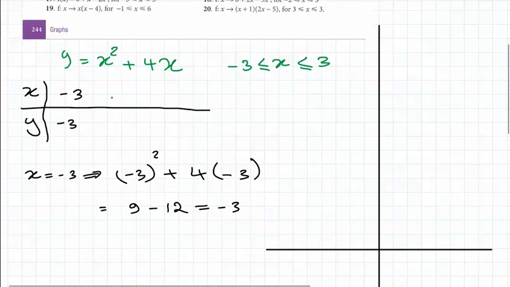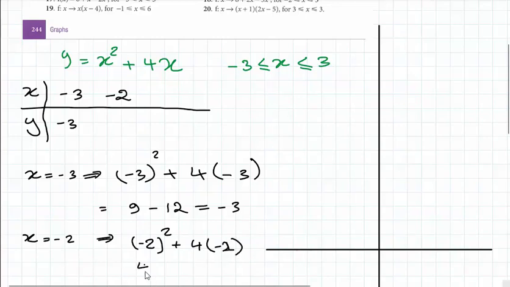If we put -2, when x is equal to -2, y will be -2 squared plus 4 times -2. -2 squared is 4. 4 times -2 is -8. 4 minus 8 is -4.